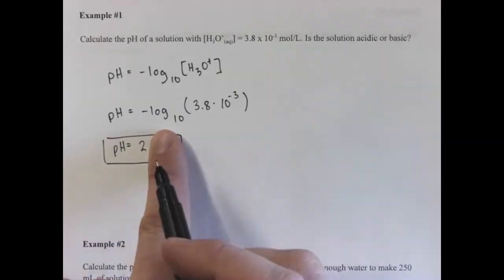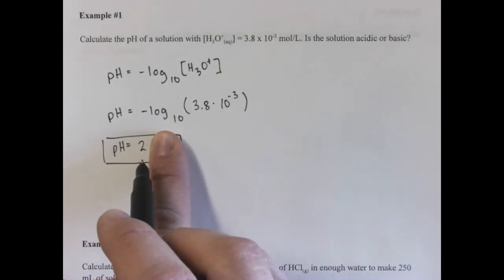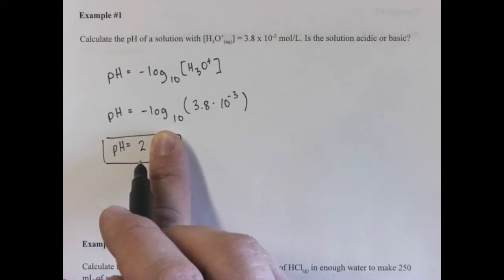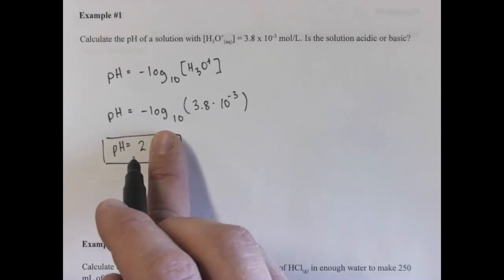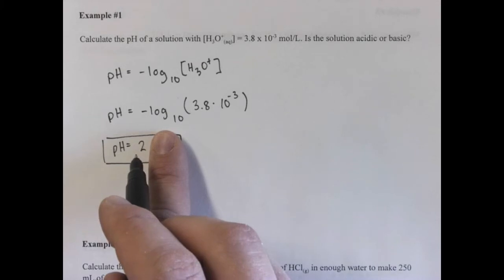Remember, the first 2, the one that comes before the decimal point, is really just referring to an exponent. It's telling us around what power of 10 this acid is located at. So the 2 is really just referring to an exponent.